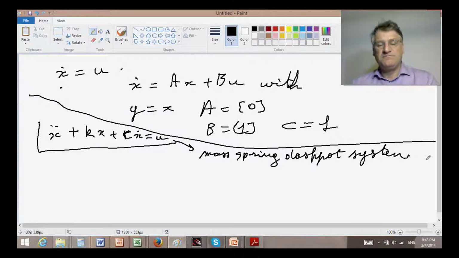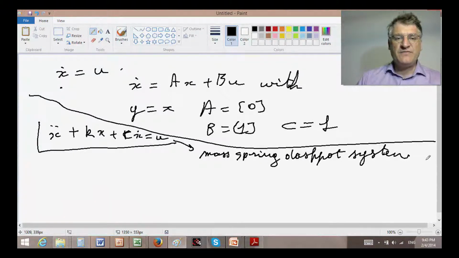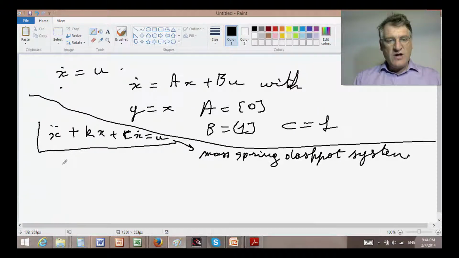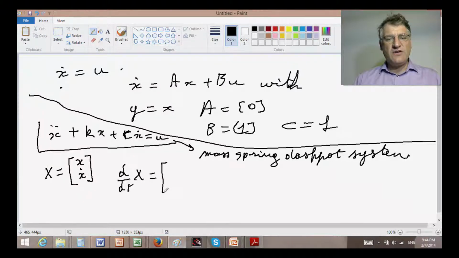Now, this system cannot be written as immediately in state space form unless you define that your vector x is going to be x and x dot, and then you're going to have that d/dt of x will be equal to x dot and x double dot, but x double dot is equal to minus kx minus c x dot plus u.